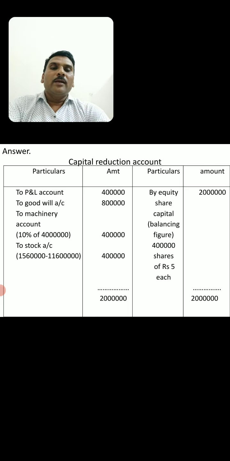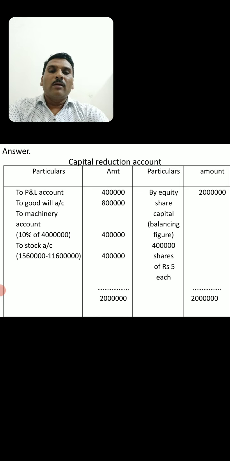So therefore the total capital reduction amount is 20 lakh, and this 20 lakh rupees is utilized for writing off the total debit balance of the P&L account, that is 4 lakh, and the goodwill account 8 lakh, and the machinery account which is depreciated by 10%, on 40 lakh 10% is 4 lakh, and the stock.